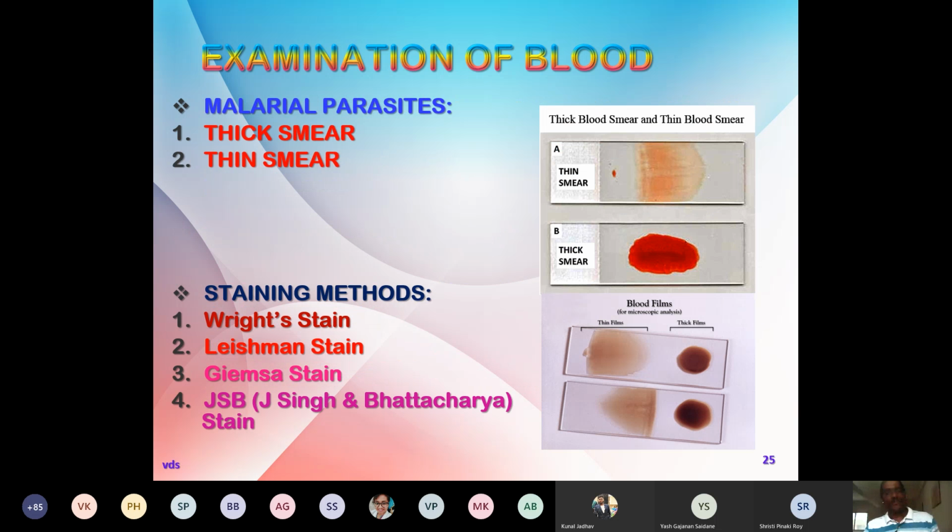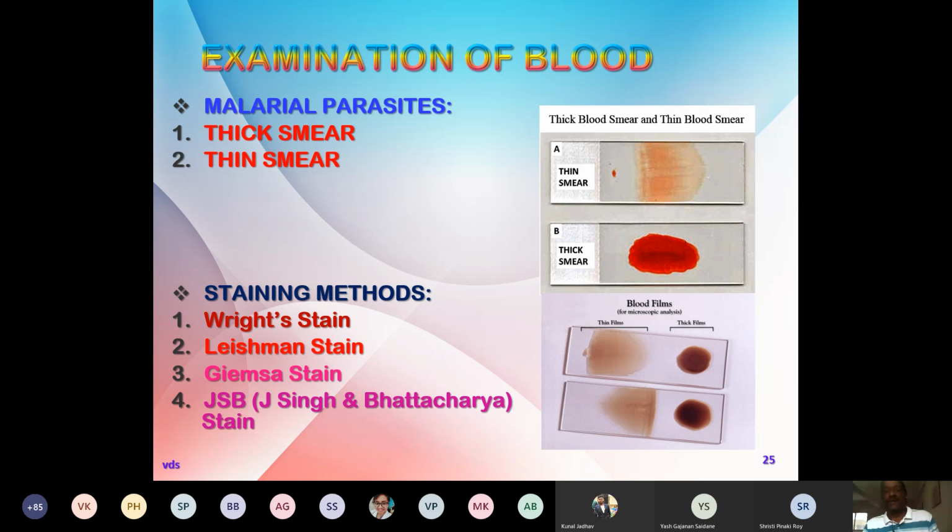For the malarial parasite, and even for microfilaria, thick and thin smears are prepared. Thick smear: one drop of finger prick blood sample is placed on a slide and spread uniformly into a thick smear so that a large number of cells may be observed at a time.